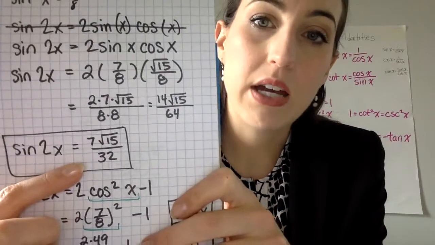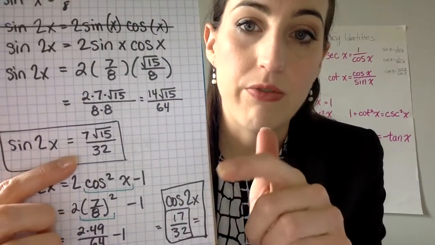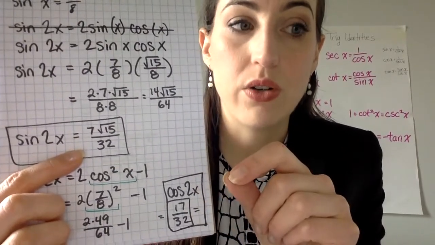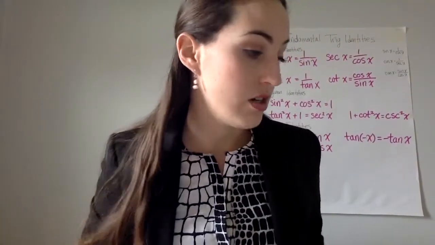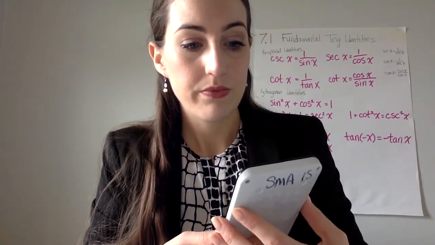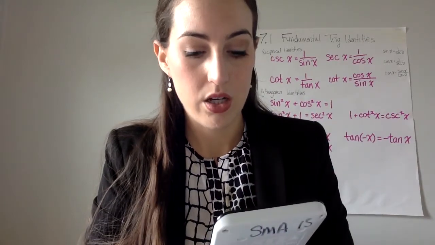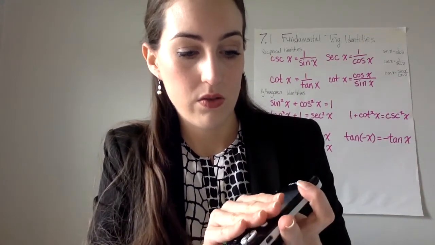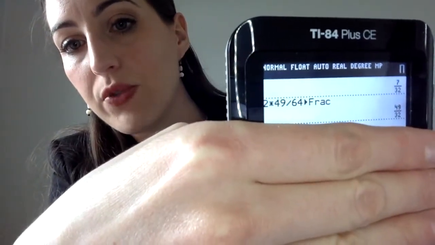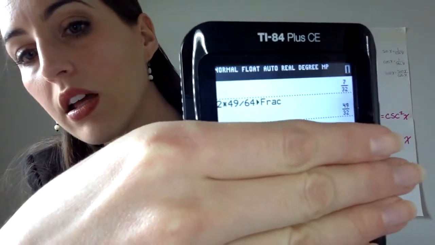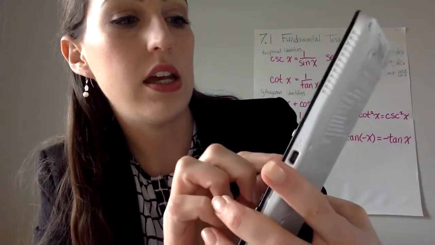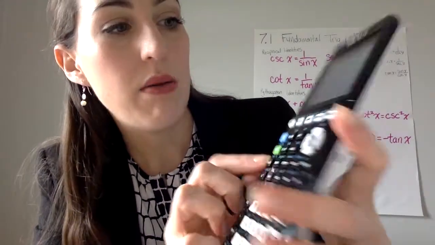And don't forget, you've got a shortcut in your calculator. If you hit math, enter, it'll give you a reduced fraction. I'll show you that one right there. Right, so I did 2 times 49 divided by 64, and instead of hitting enter, I hit the math key.